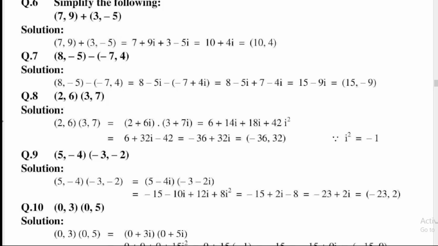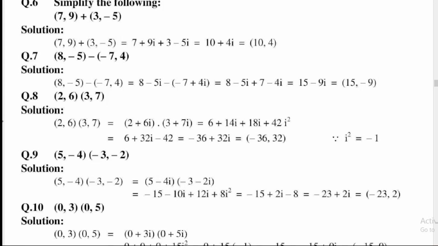By multiplying each term, 5 times -3 is -15, 5 times -2i is -10i, minus times minus plus 12i, and minus times minus plus 4 times 2 is 8i squared. So i squared is equal to -1. -10i plus 12i is equal to +2i, and -15 - 8 is -23. So -23 + 2i is equal to (-23, 2).